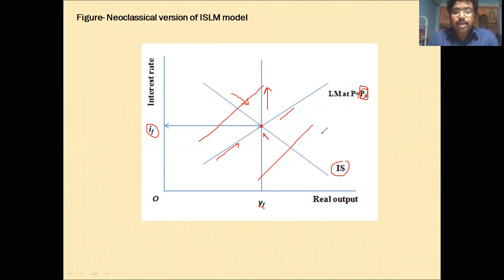Any shift in the LM curve does not have any impact in determining equilibrium output and interest rate in the goods market, as far as the neoclassical version of the IS-LM model is concerned. But in the Keynesian version of the IS-LM model, the LM curve, the money market equilibrium, has an important role in determining equilibrium output and interest rate.